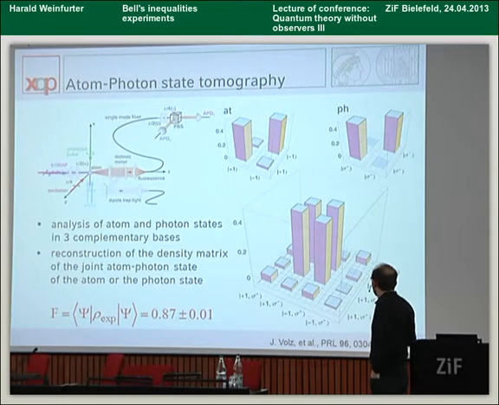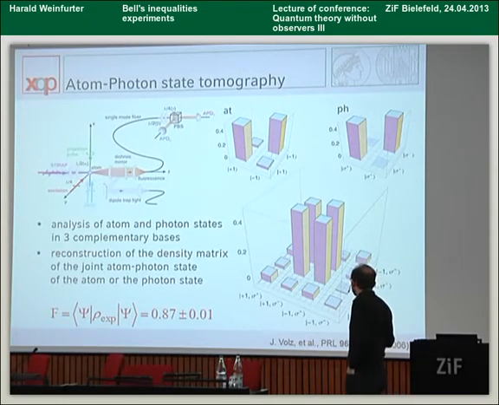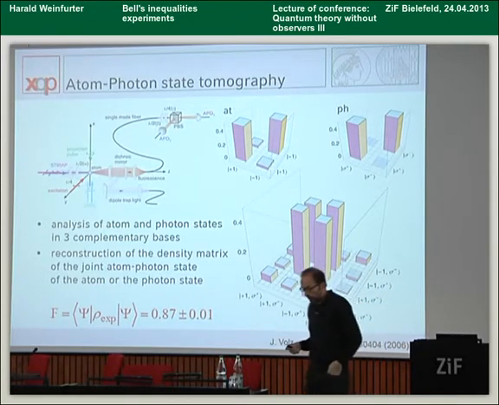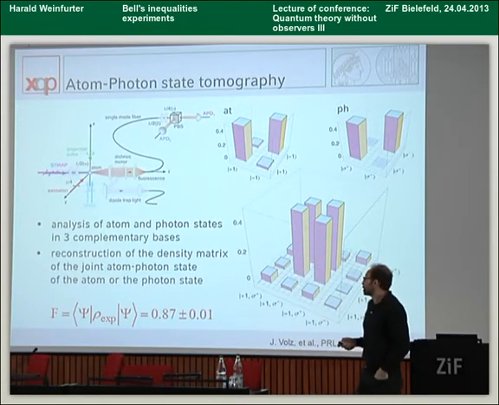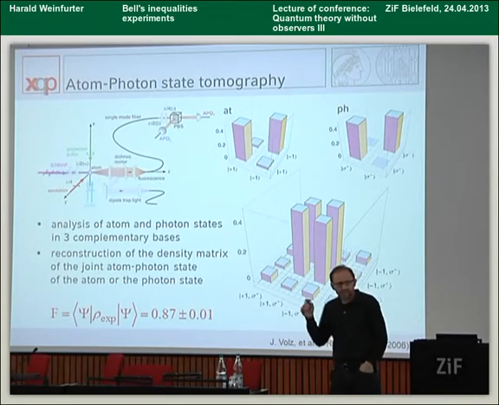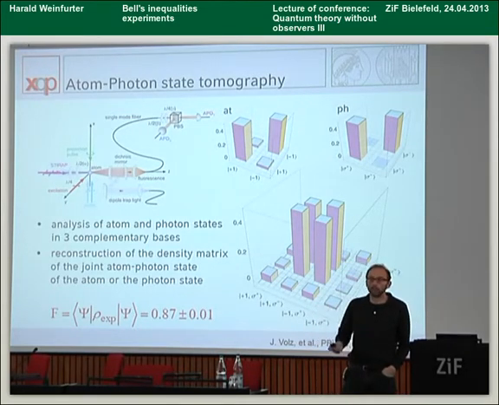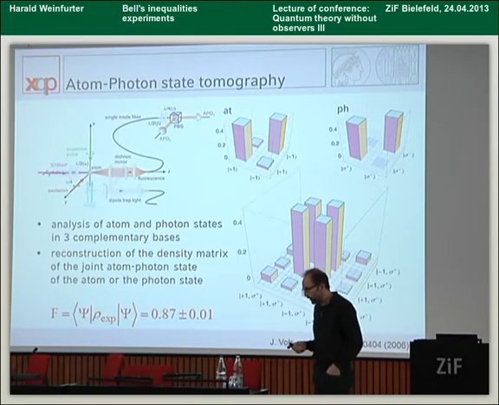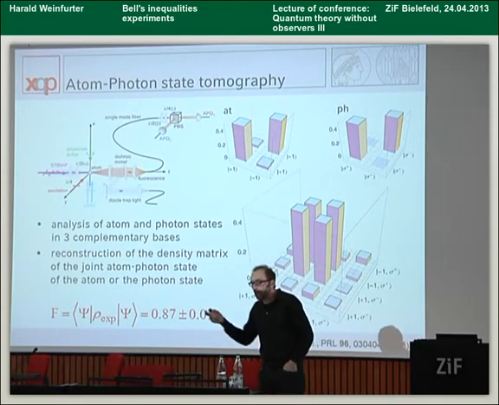Now we can show the entanglement of this state by making state tomography between the atom and the photon, and we get a fidelity of 87%. So this 87% is not arbitrarily high, of course, it's not 1, but it's good enough for any Bell experiment.